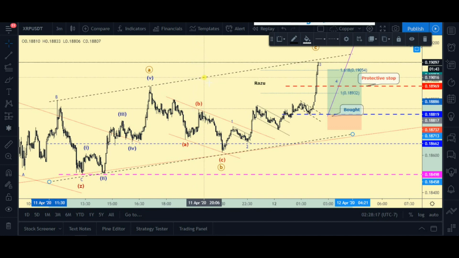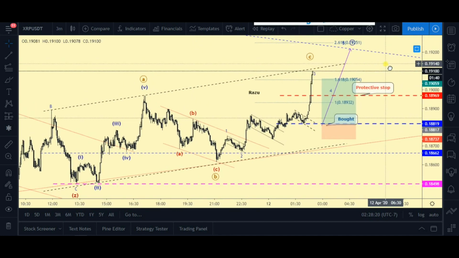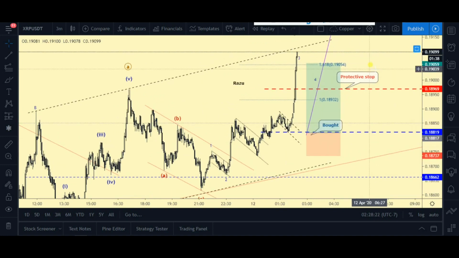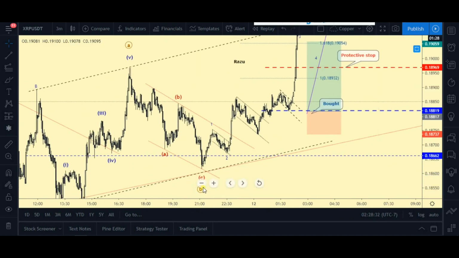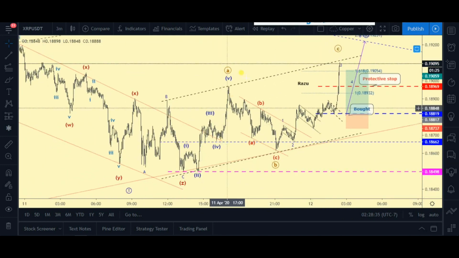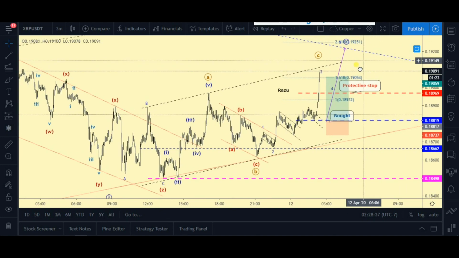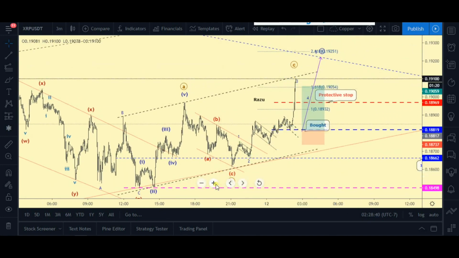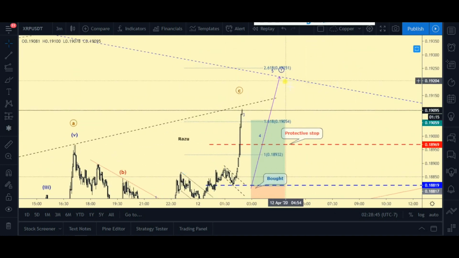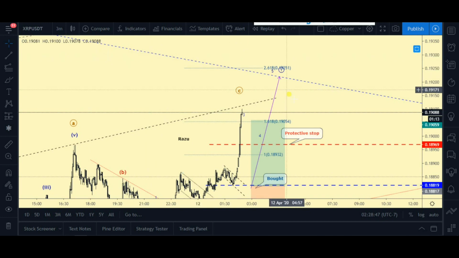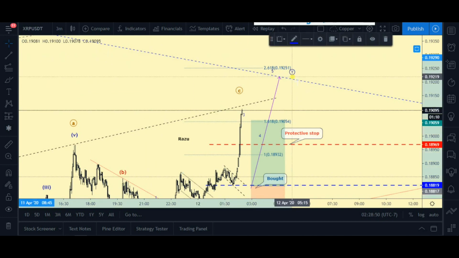If the resistance is broken, we can expect this move to be not a corrective, but more an impulsive move, since I'm looking at this as a B and C corrective pattern. But if the channel breaks, that might be more like an impulsive, and if this upper trend line is broken, that will give a much stronger confirmation that this trend could go much higher than this.